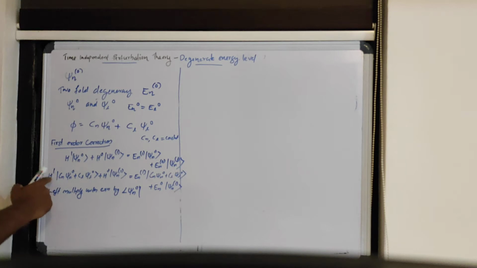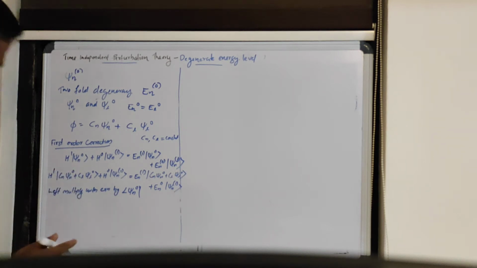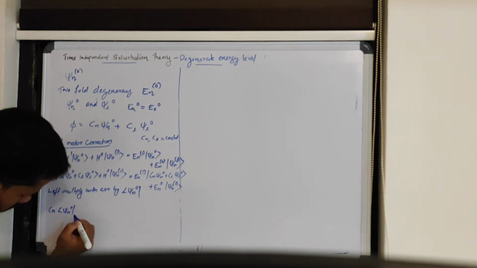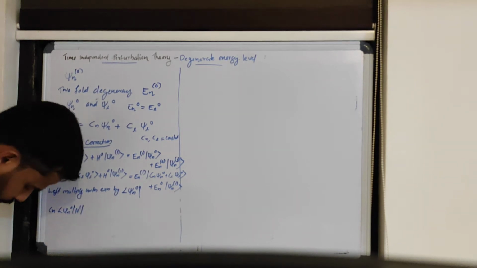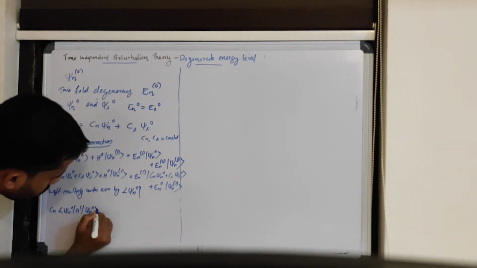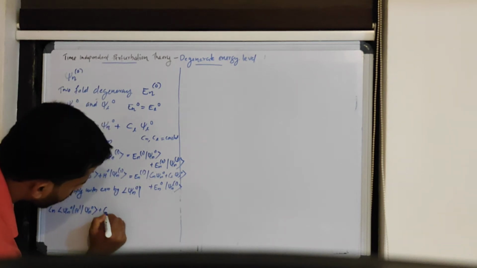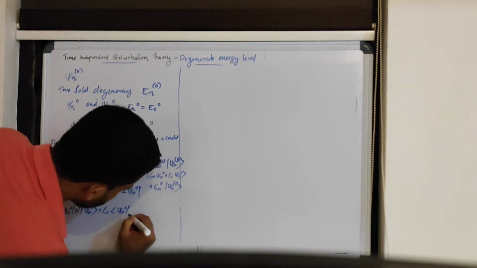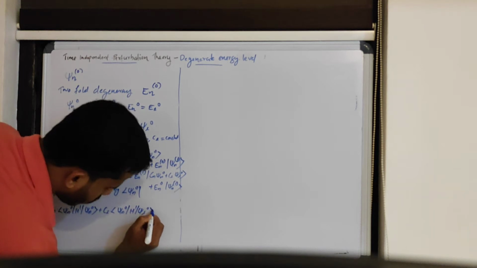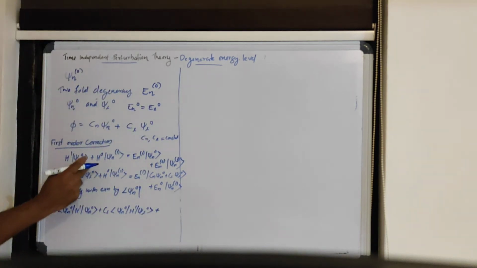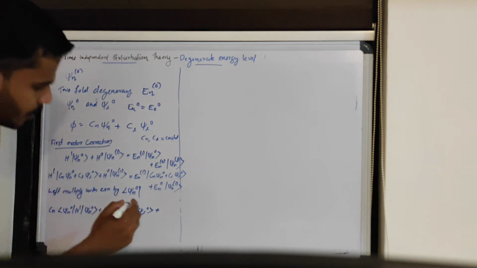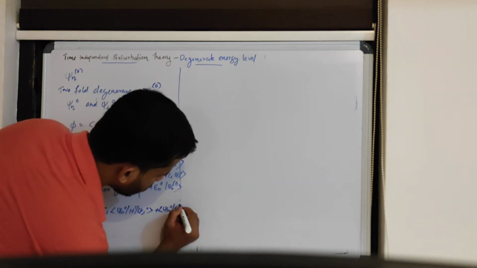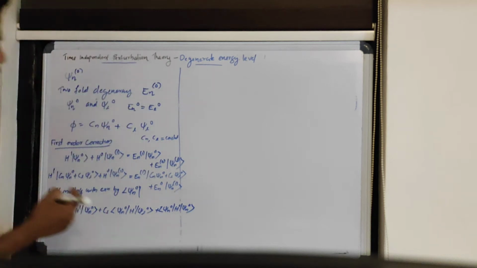The left hand side becomes Cn psi n0 h prime psi n0 plus Cl psi n0 h prime psi l0 plus psi n0 h0 psi n1.